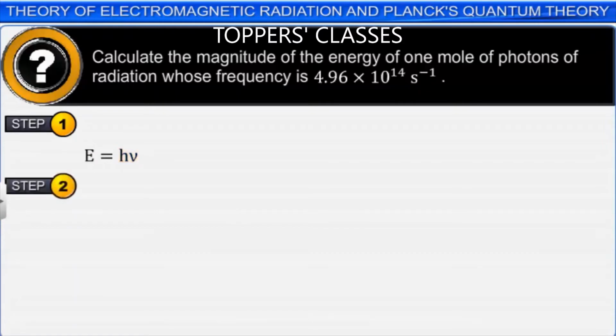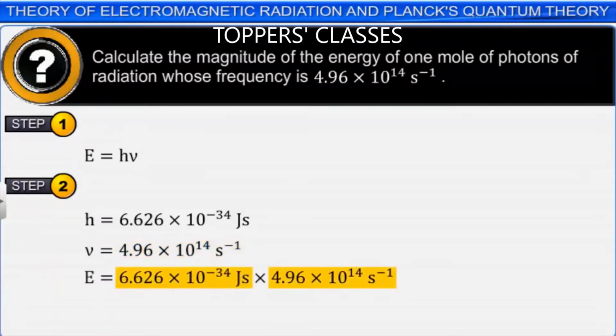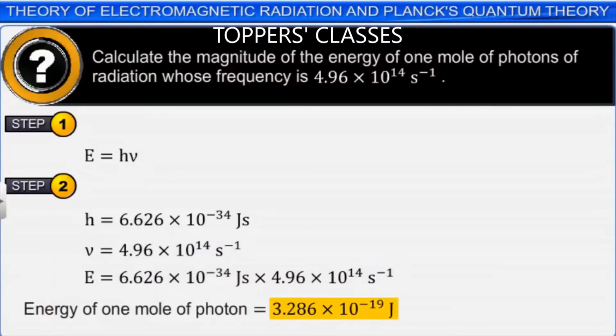In the second step, let us substitute the values of h, that is, 6.626 multiplied by 10 raised to the power of minus 34 joule second, and the given value of frequency, that is 4.96 multiplied by 10 raised to the power of 14 per second. On substituting and solving, finally, we get 3.286 multiplied by 10 raised to the power of minus 19 joules.